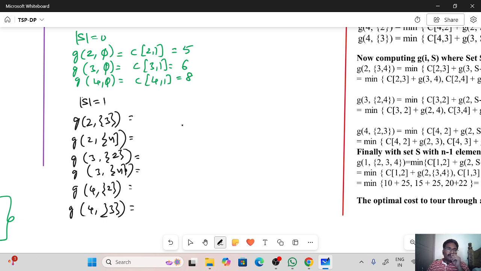So, now this is not the base case, it is the recursive case. What does that mean? g of 2 3 is the minimum of the cost of 2 to 3, since you are going to visit 3 next, plus g of 3 with an empty set. When you visit 3, what are you going to visit in future from that set? Nothing, so that means phi. I am going to consider this graph for easier calculation.